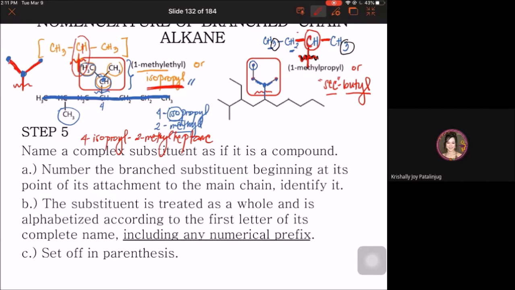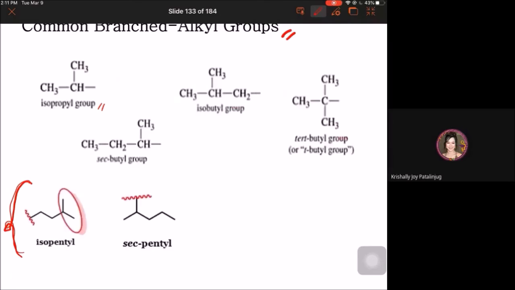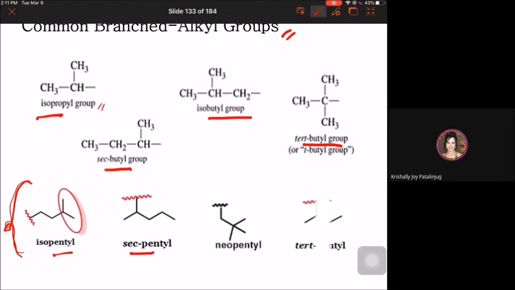So, if you master these simpler branched alkyl groups, I will let you use their common names. Yung isopropyl, sec-butyl, tert-butyl, isobutyl, isopentyl, sec-pentyl, neopentyl, tert-pentyl. But there are some students na nahihirapan mag-distinguish if they will use these common branched alkyl group names.